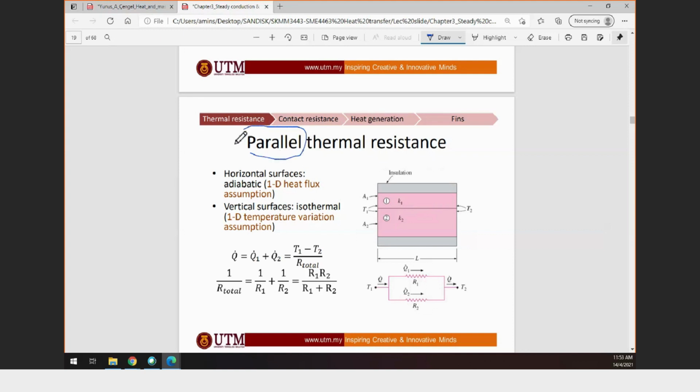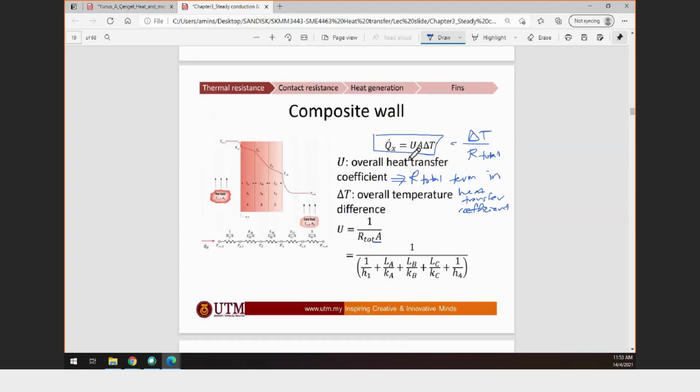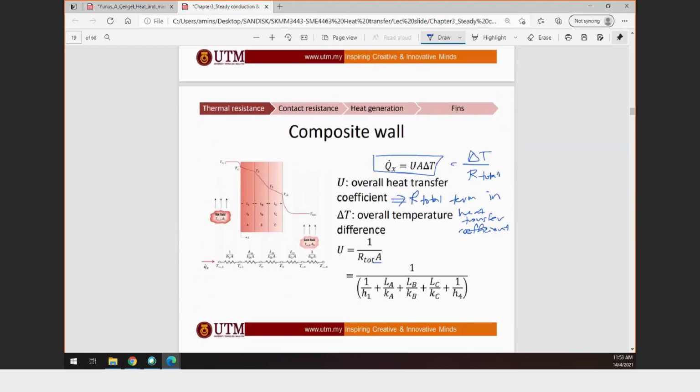We will look at this in the next class, tomorrow, to discuss the difference between parallel thermal resistance and series thermal resistance. So here it is basically a series thermal resistance. You are facing the same layers in the same direction of heat transfer.